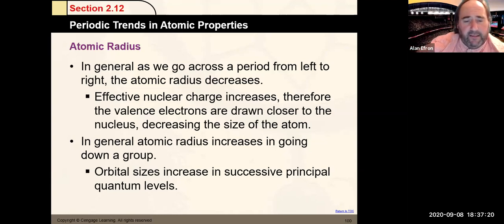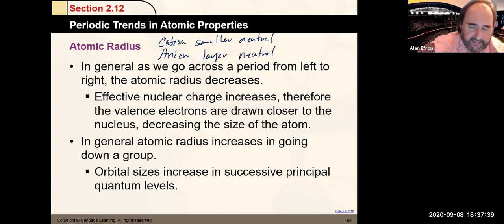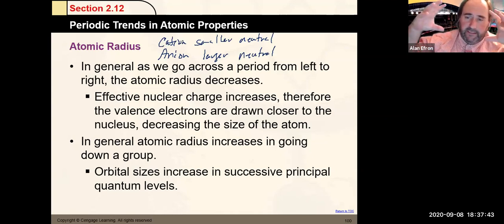We talked about a minute ago that when we form a cation, it is smaller than the neutral atom, because it has lost electrons. When we form an anion, it's actually larger than its neutral counterpart, and that's for the same idea. If we gain electrons when we form an anion, we're building into that electron cloud.